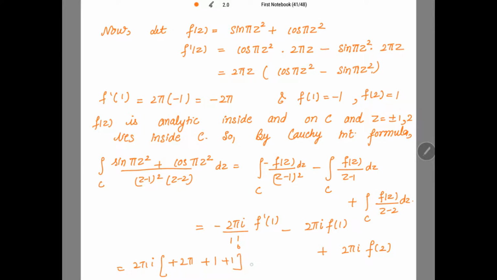So finally this is equal to 1 plus 1 is 2, take 2 outside, this is 4 pi iota (pi plus 1).